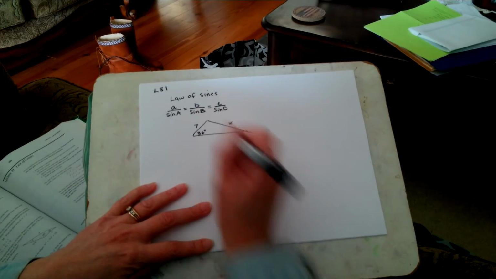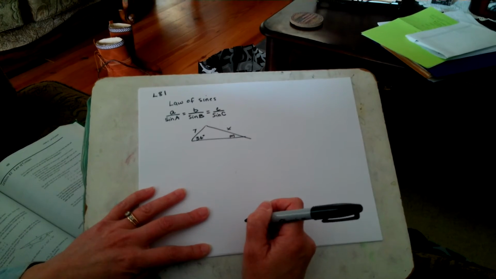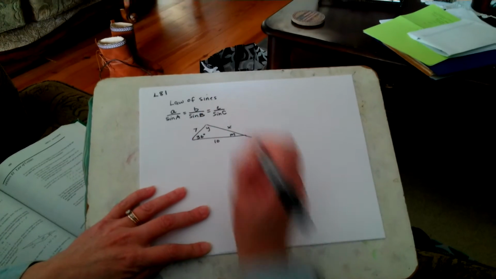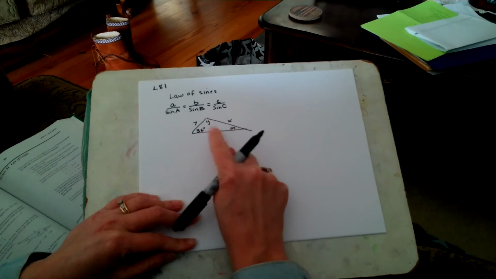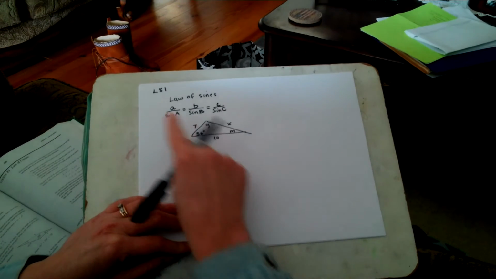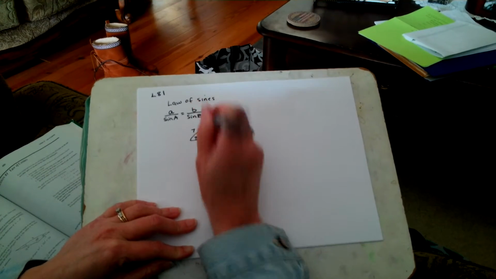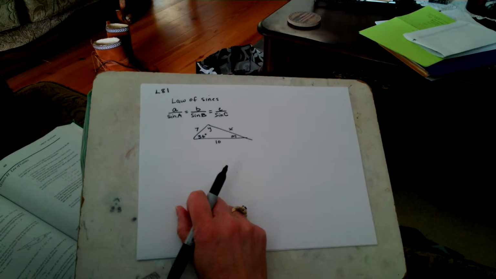I have a side of 7, and the angle opposite it, I don't know. And I have a side of 10, and the angle opposite it, I don't know. So in this triangle, I can't find those missing pieces using the law of sines because I don't have a pair. I can't use the Pythagorean theorem and just sine, cosine, and tangent because it's not a right triangle.